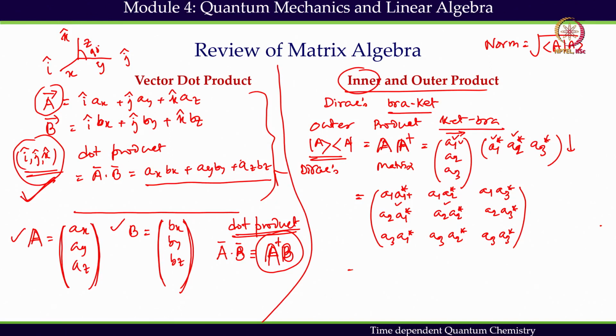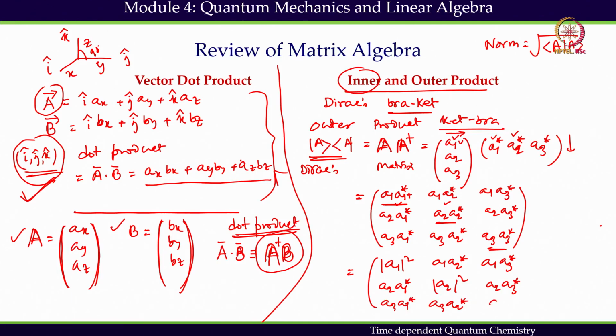All the diagonal elements can be represented by absolute squares, then A1 A2 star, A1 A3 star, similarly A2 A1 star, then A2 absolute square, and then A2 A3 star, then A3 A1 star, A3 A2 star, A3 absolute square.